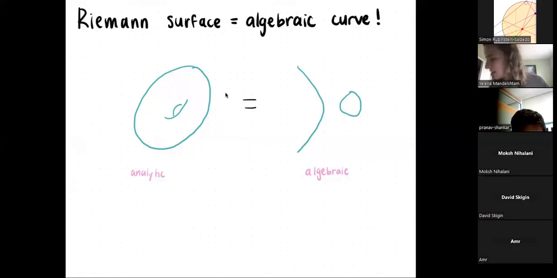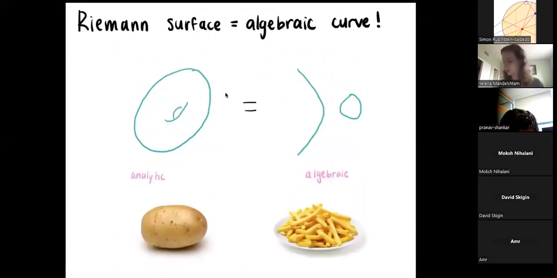But really, I think of it more like you go to a restaurant and you order some French fries and someone brings you a potato and says, well, they're the same thing. They are the same thing, but you need to do some work before you can really translate one to the other. And the talk will be about this.